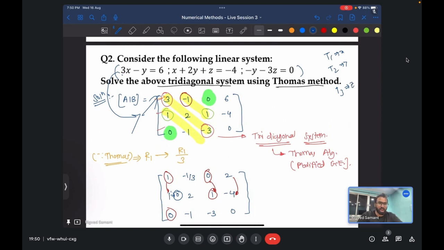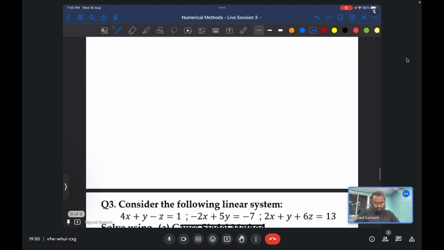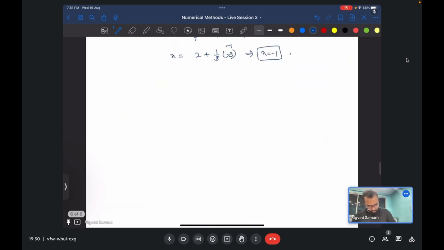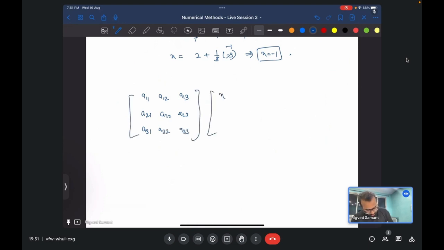The basic thing is A11, A12, A13, A21, A22, A23, A31, A32, A33, into X1, X2, X3, and then there would be P, Q, R.